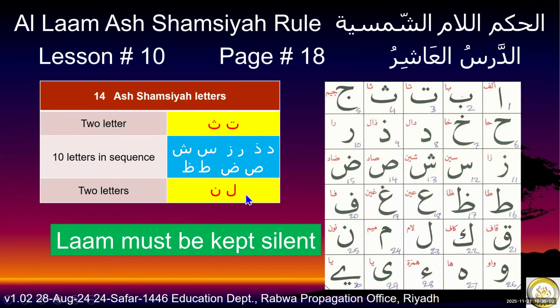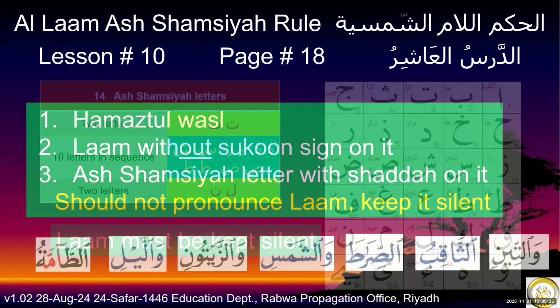Allah, Allazina: the lam is here. Some words will come with lam as a second letter, but lam with sukun and lam with shadda are mixed together. But Hamzatul Wasal followed by lam without sukun sign must be considered a Shamsiya word.